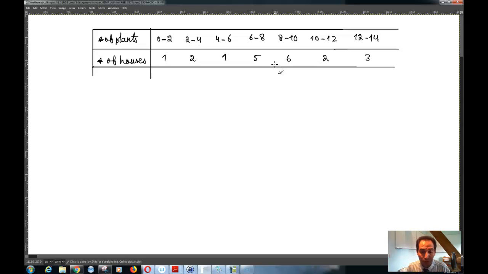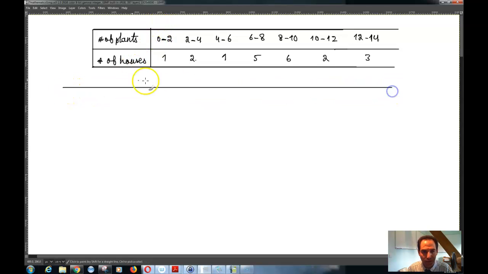Now, in order to find the mean of this data, what you need to do is, the number of plants are your class intervals.